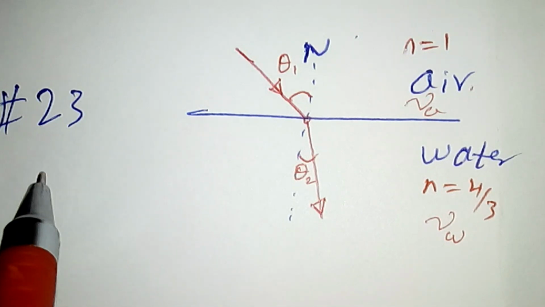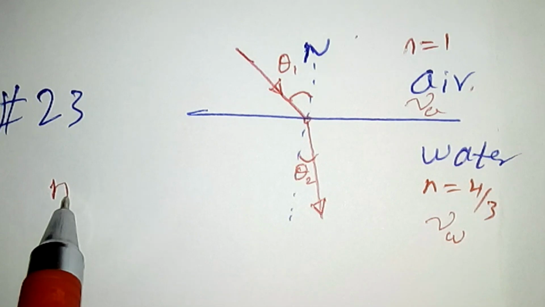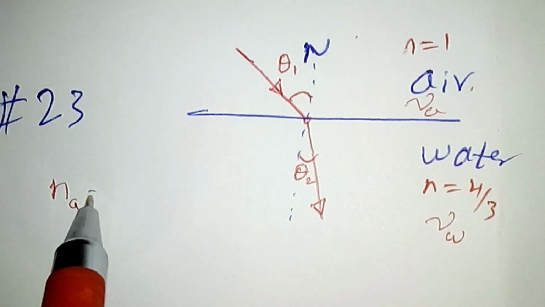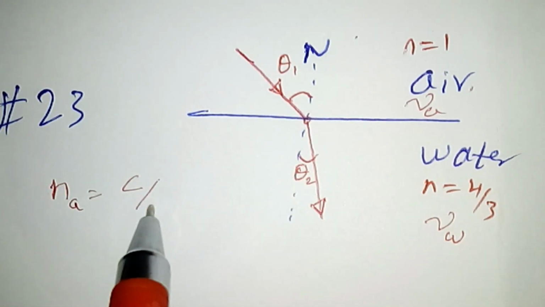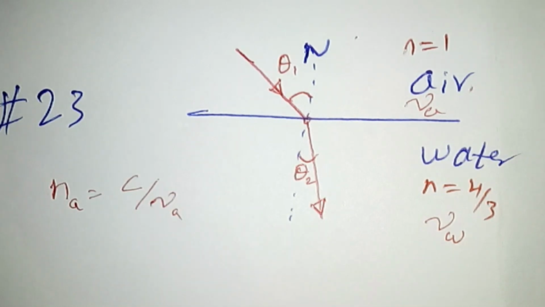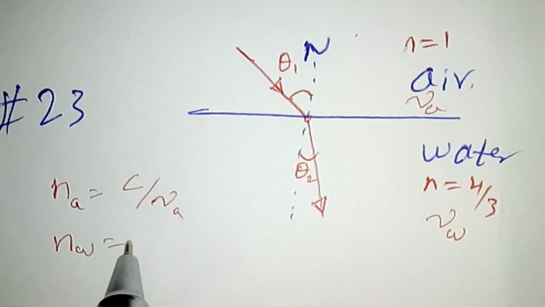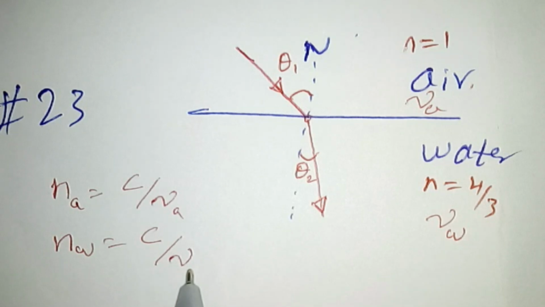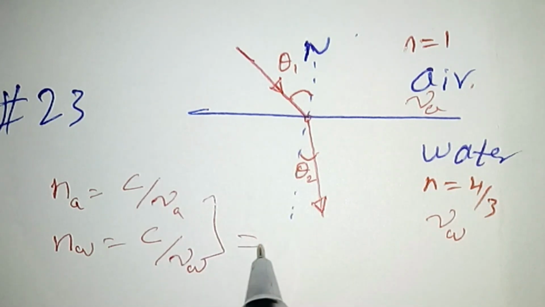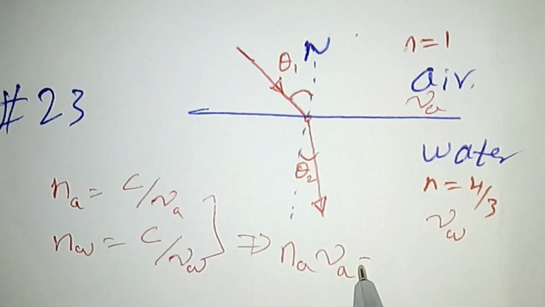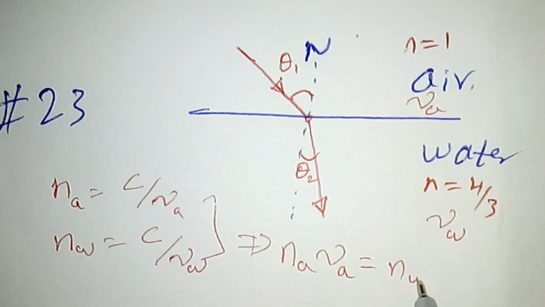From the definition of refractive index, the refractive index of the air is equal to the speed of light in vacuum divided by the speed of light in air, and the refractive index of the water is equal to the speed of light in vacuum divided by the speed of light in water. If I rearrange this equation directly, I get that the refractive index of air times the speed of light in air is equal to the refractive index of water times the speed of light in water.